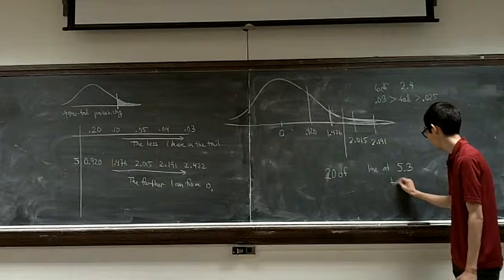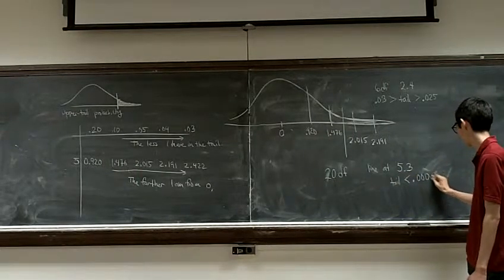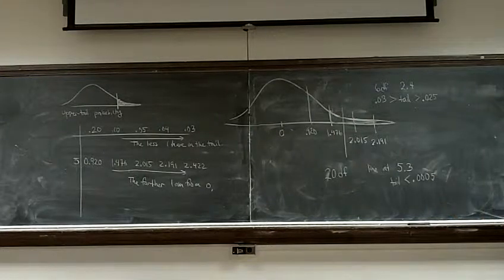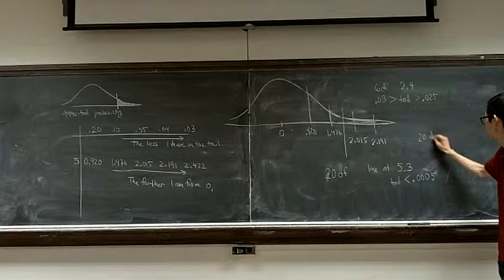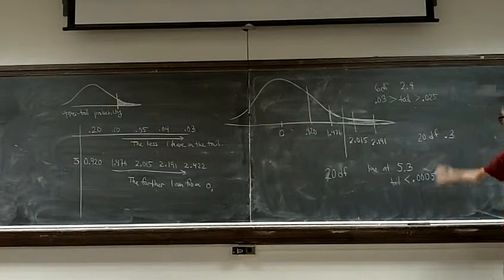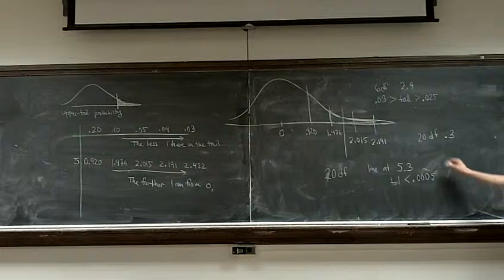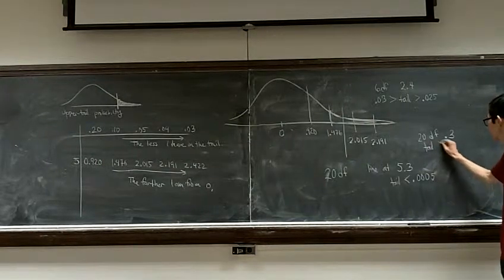Yeah, so we don't know, but we do know that it's going to be less than 0.0005. Okay? And then on the other side, let's say I have 20 degrees of freedom, and I draw a line at 0.3. More than 20%, right? So again, my tail is more than 20%.